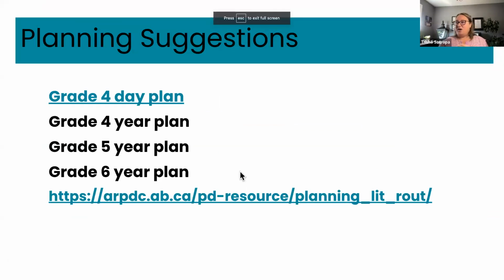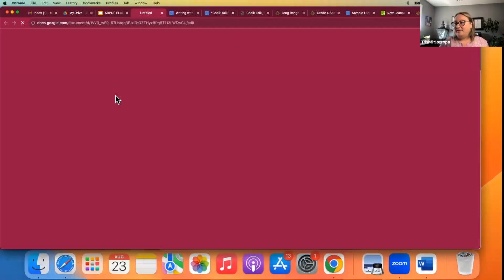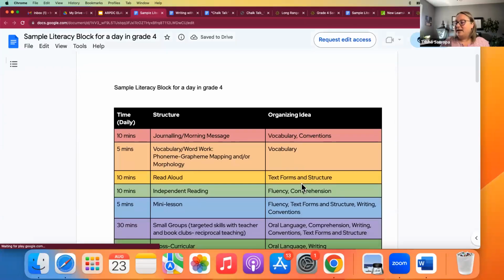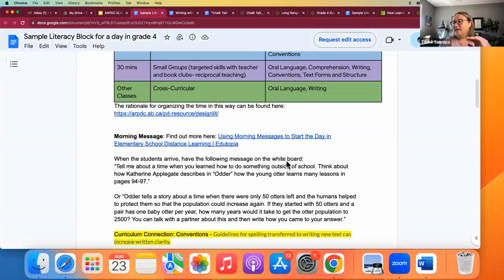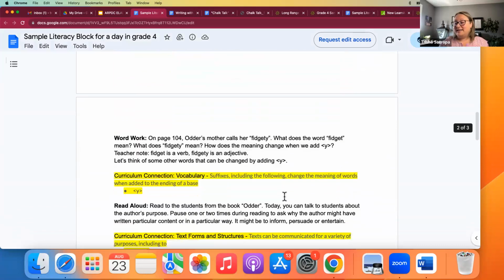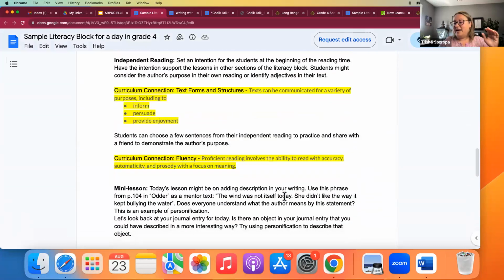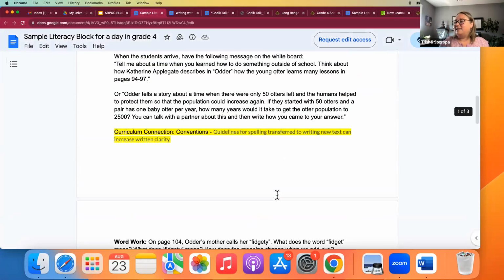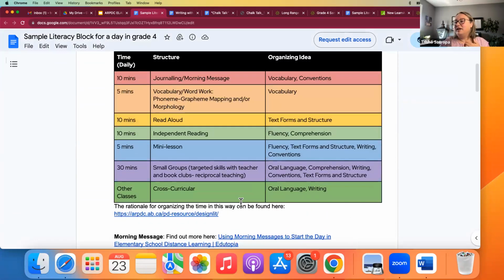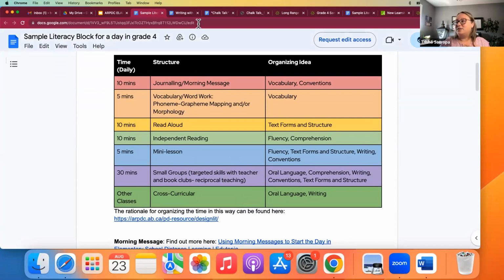So the grade 4 day plan, the sample that I just modeled with you, it's all in this document. And so you don't need the slides because you'll have this and you'll be able to look at the curriculum connections and how it's planned out.